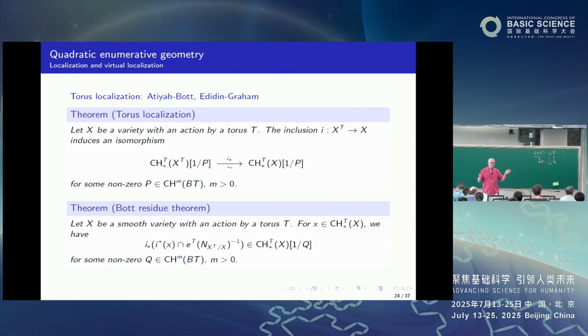And if the fixed point locus is just a finite set of points, which is what you hope to get, then it becomes a problem in representation theory. And the actual computation is given by the Bott residue theorem. It tells you exactly how to get the class in the equivariant Chow groups of the fixed point locus, which maps to your given class in the variety. So this really makes the whole problem into a problem in representation theory.